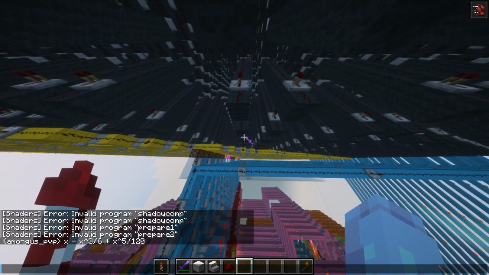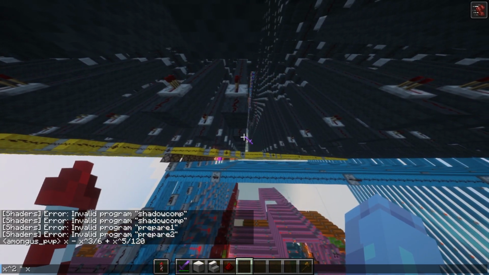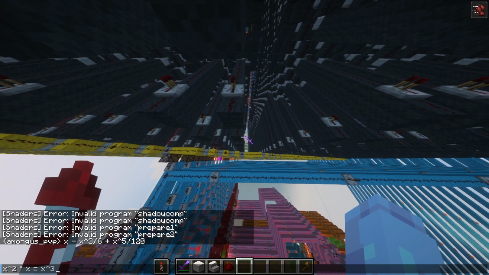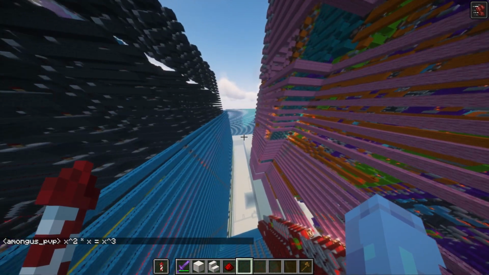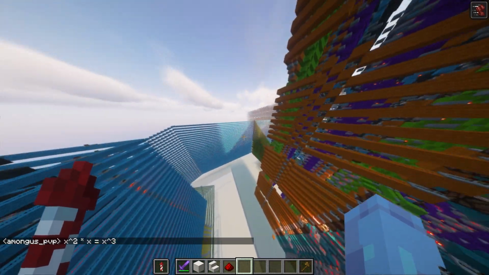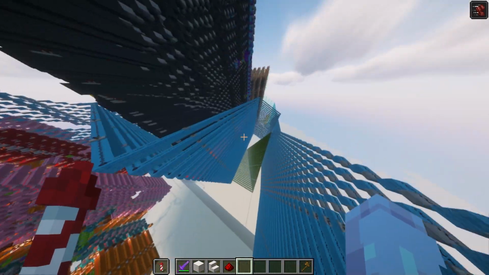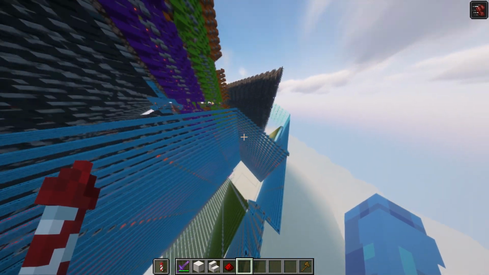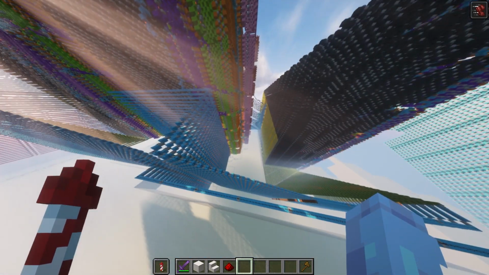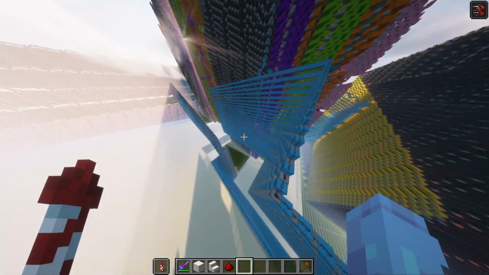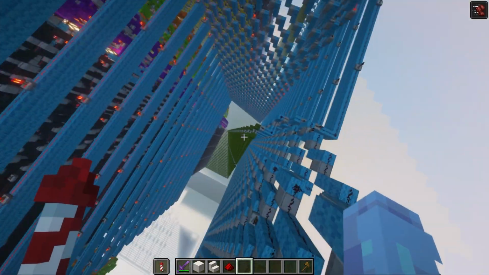Now, we all know that x squared times x is just going to equal x cubed. So we'll just multiply it by x again, and you'll see that we do that. So this is the x line, remember? And the x squared line goes down here into this multiplier. Meanwhile, our x line has been inputted into this multiplier from here.